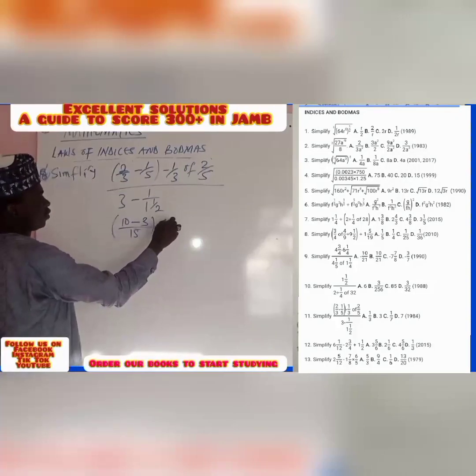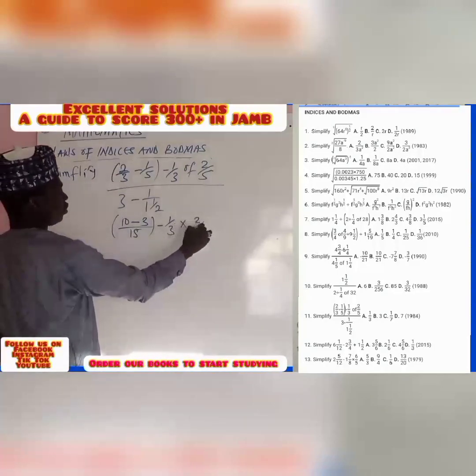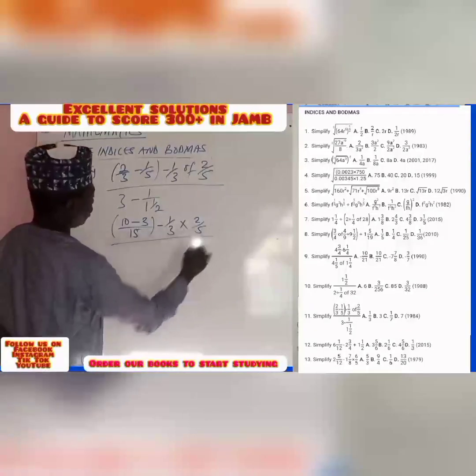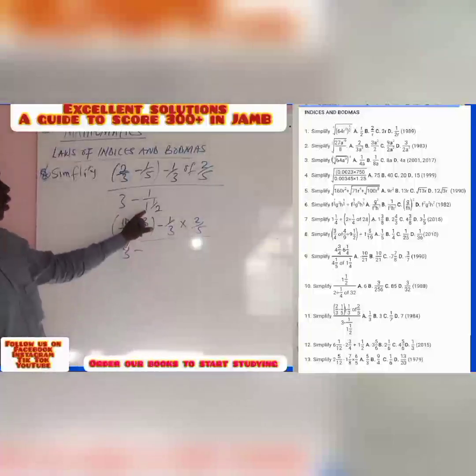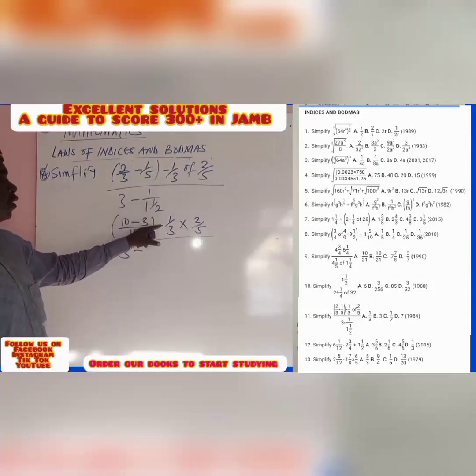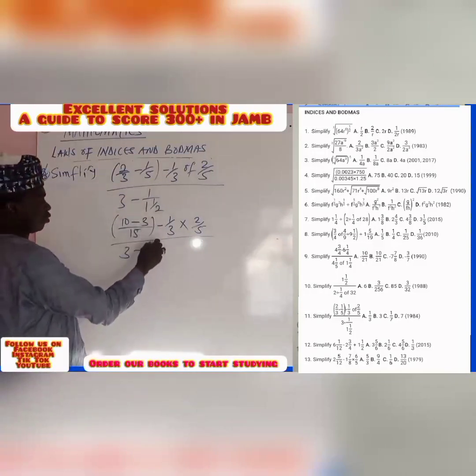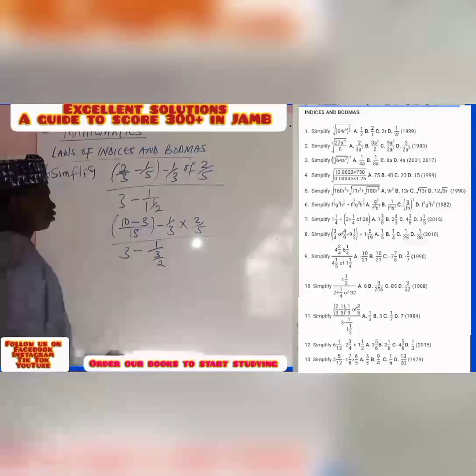So minus 1 over 3 times 2 over 5 all upon 3 minus, here we now say 2 times 1 is 2 plus 1 is 3, so we are having minus 1 over 3 over 2.